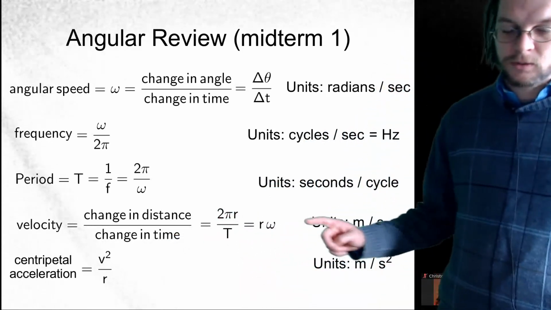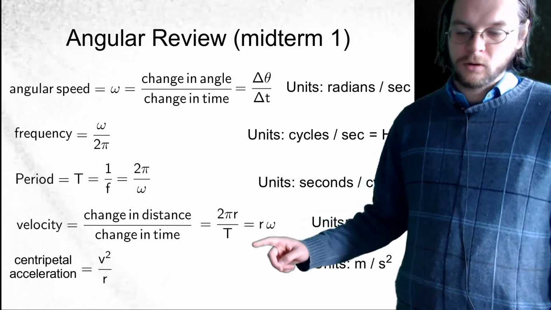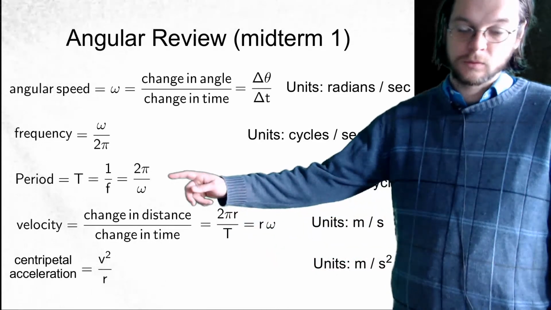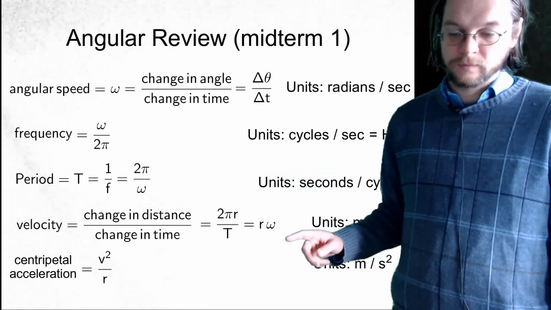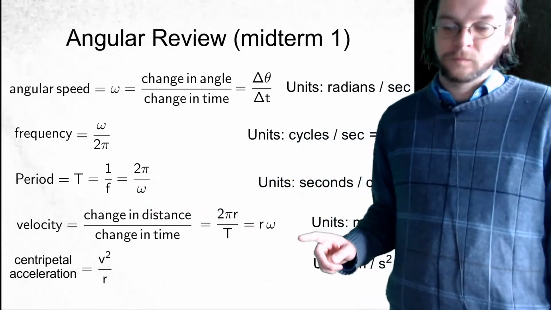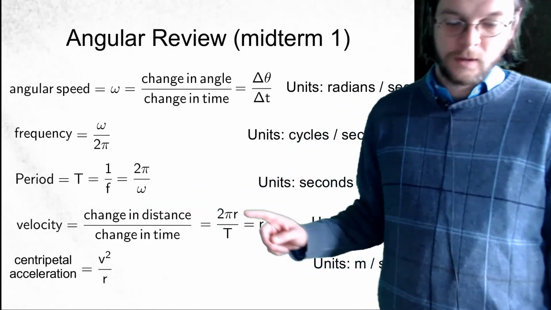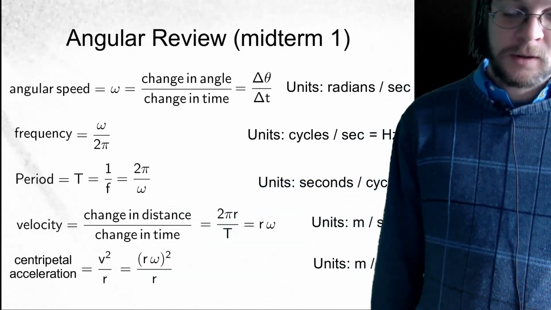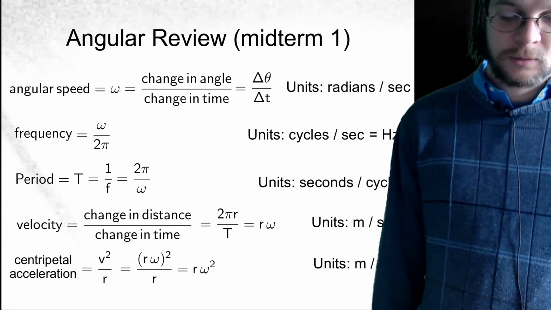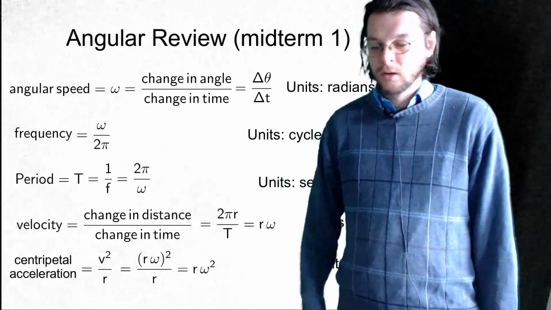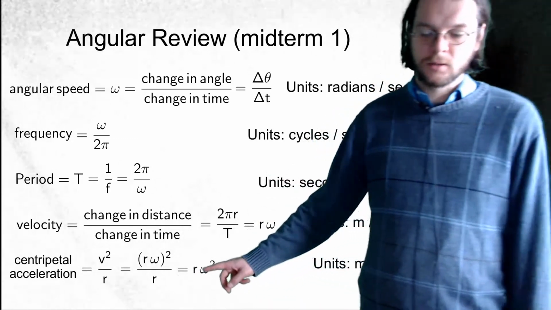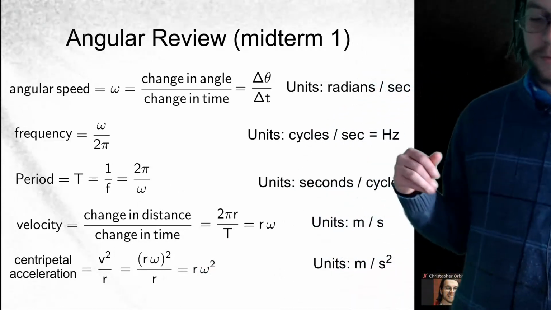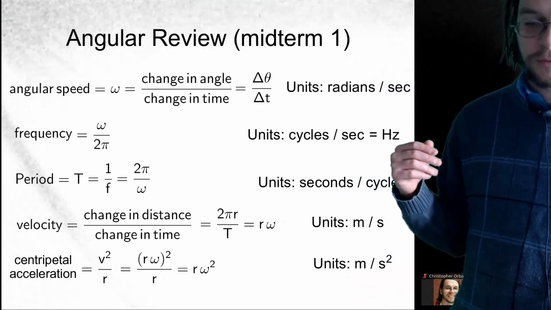I should have said this earlier: 2 pi r over the period, well, 2 pi over the period gives you omega, and so the velocity is r omega. We can stick that into the acceleration, so v squared over r becomes r omega squared, since the r squared on the top cancels with the r on the bottom. There could be some problems in which this version is the easiest way to think about it. Anyway, this is all review for midterm 1, but I think it's useful for midterm 2.